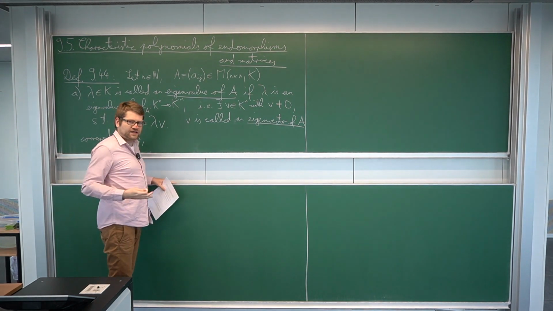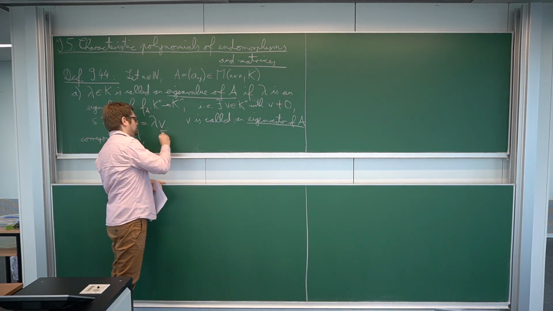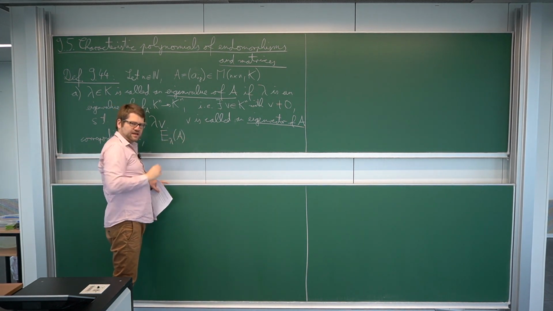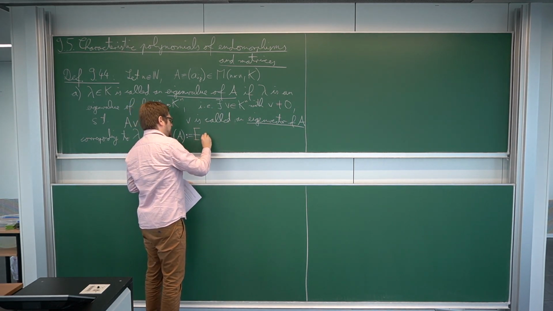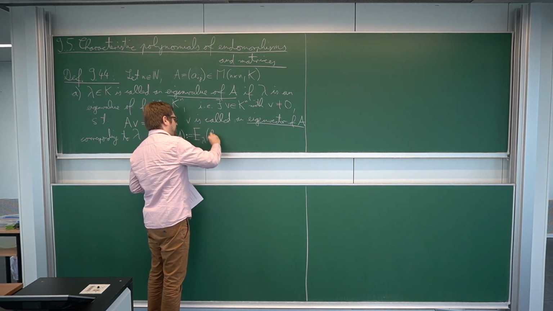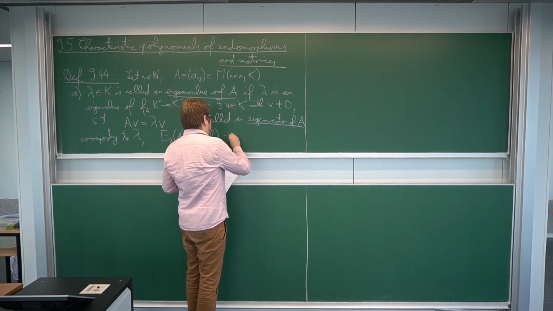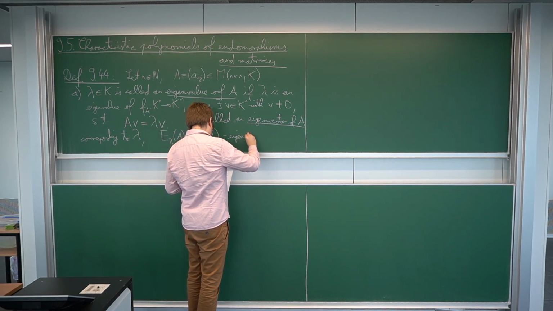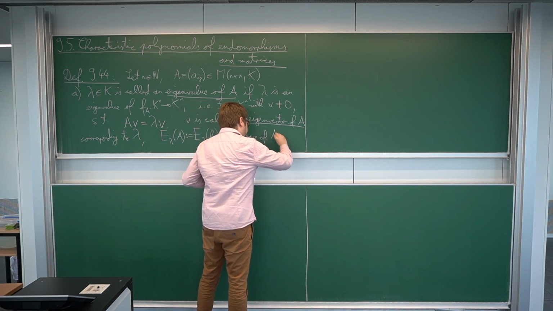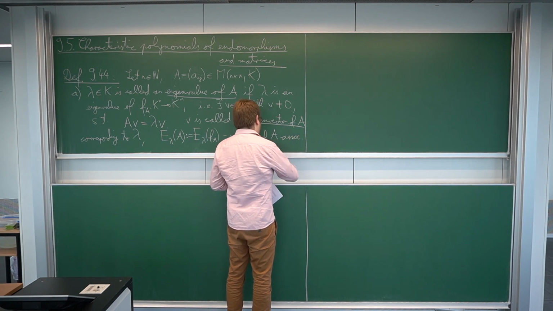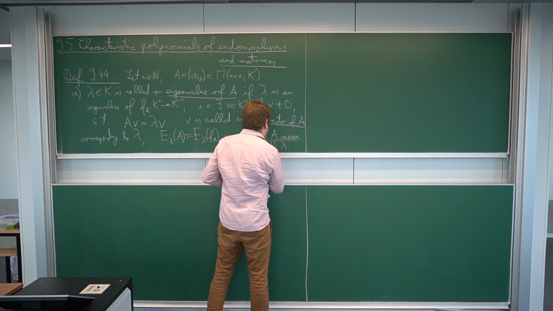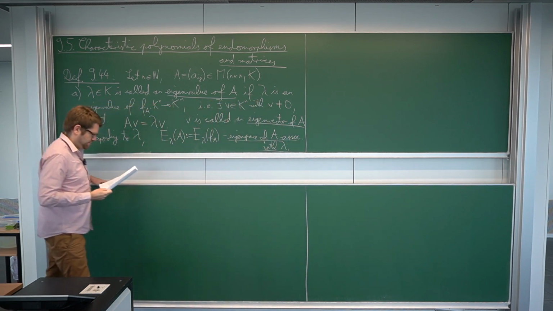And also the set of all eigenvectors, the eigenspace, we denote, actually this would be E_lambda of F_A, but we use the notation E_lambda of A, just to simplify things. This is the eigenspace of A, so we always leave out the F here, associated with lambda. So everything just as before, but just with a direct analog for matrices.